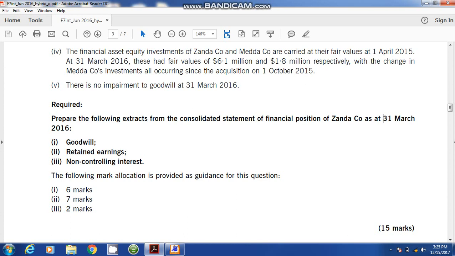Again, like in most consolidated questions, the first thing we do is to ascertain the reporting date. In this case, the 31st March 2016.